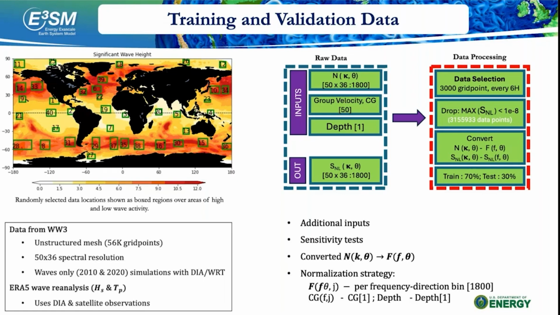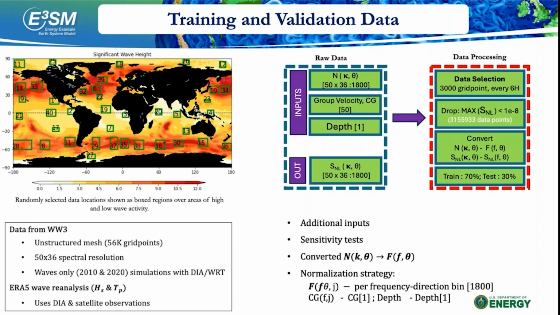Also, in WaveWatch, instead of using the spectrum energy, WaveWatch actually uses the action density because this conserves energy in the presence of ocean current. And instead of using frequency direction space, they use wave number direction space. So we converted this from action density to spectrum energy in frequency direction.